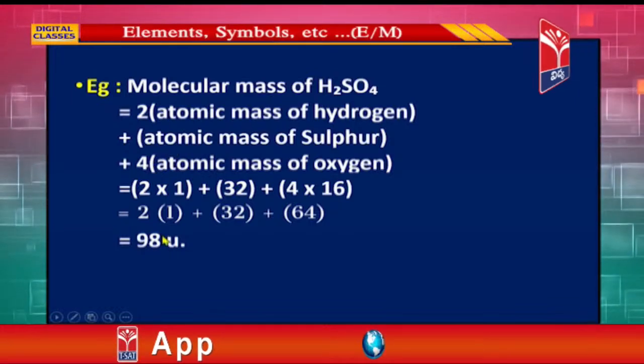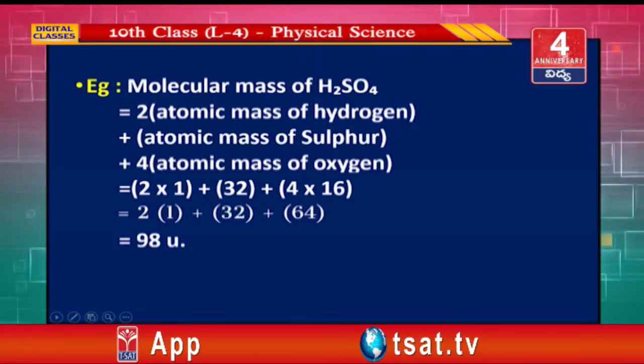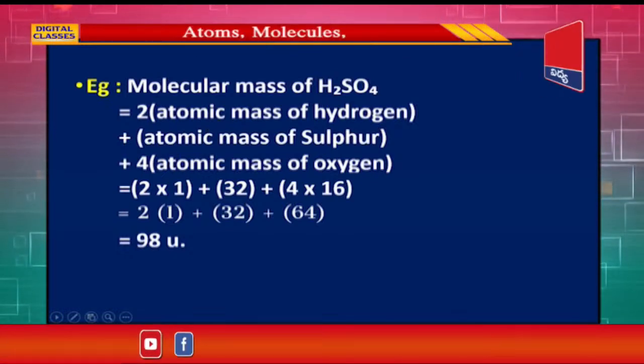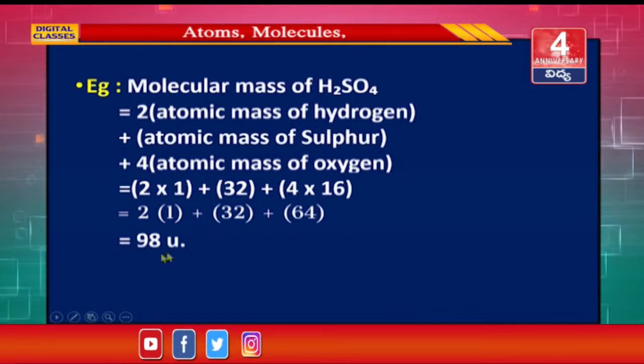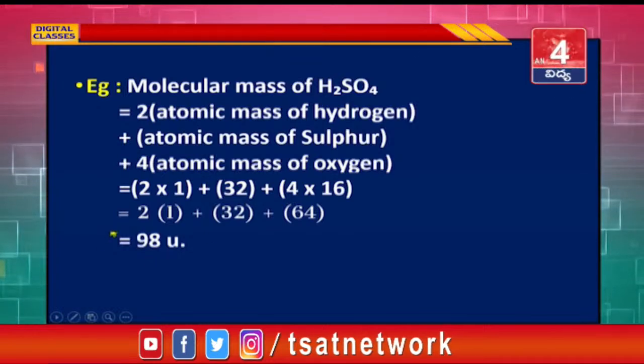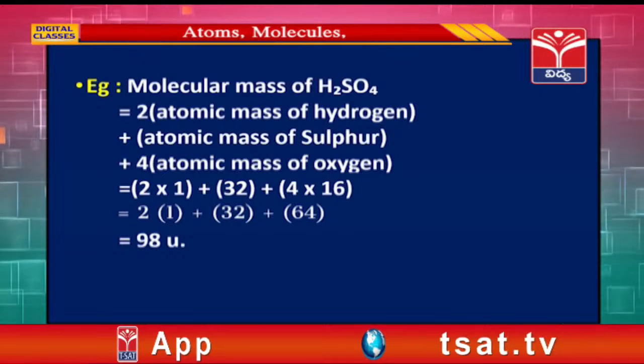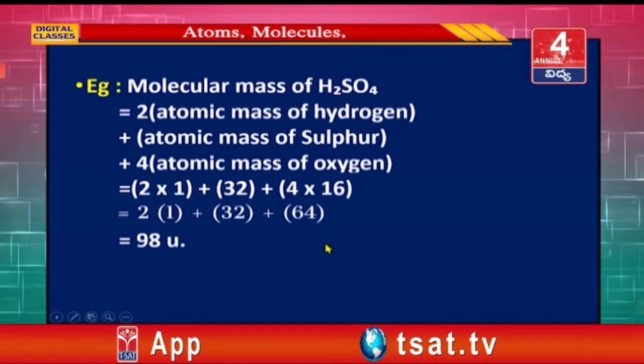Substituting the values from the atomic masses chart, 2 into 1, atomic mass of hydrogen is 1, plus 32, plus 4 into 16. Total is 98 U. This is the molecular mass of sulfuric acid. Children, you can take some more examples and practice the molecular masses.